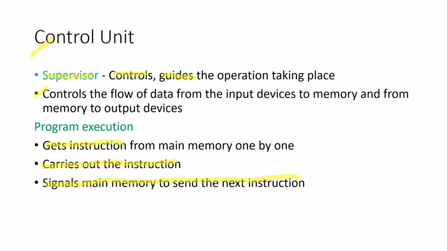The control unit fetches this instruction from the memory and gives it to the arithmetic logical unit to perform the addition operation. Once the addition operation is completed in the arithmetic logical unit, the control unit puts the result back in the memory and also instructs the output unit that the result of the addition operation is available for display to the user.